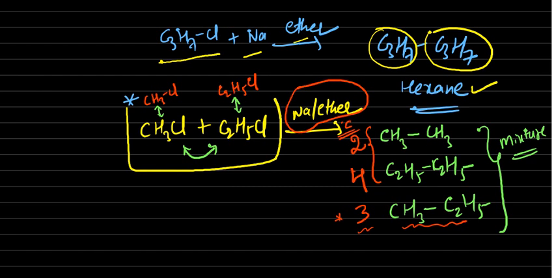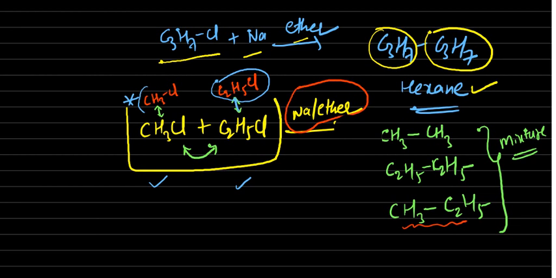That is a little difficult. Difficult in the sense we don't get the pure compound. See here, if you take methyl chloride and ethyl chloride, this ethyl chloride may combine with one more ethyl chloride, this methyl chloride may combine with one more methyl chloride, or this methyl chloride may react with ethyl chloride.